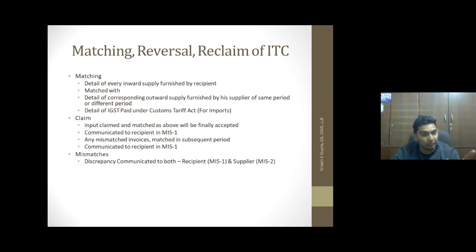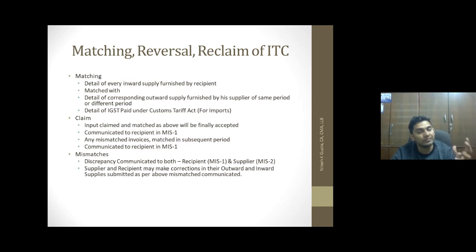If there are mismatches that are not resolved, then the discrepancy will be communicated to both recipient and supplier, in MIS 1 and MIS 2. These are the form names in which the communication happens. Then the supplier and recipient may make corrections in their outward or inward supplies as per the mismatch communicated.